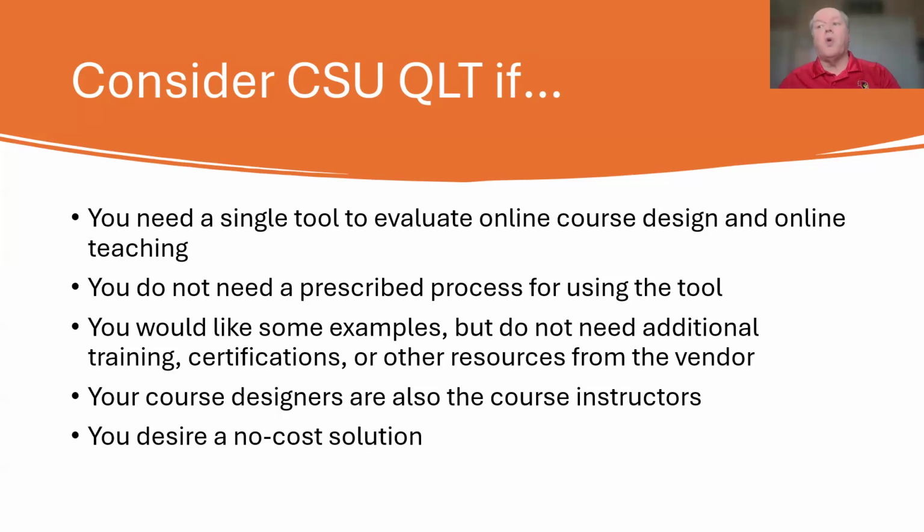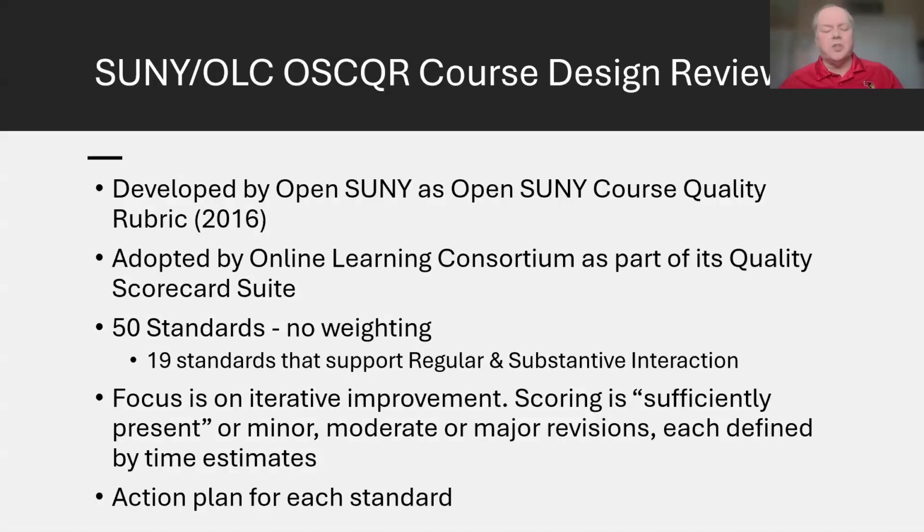If you don't need a prescribed process for using the tool, they're not going to tell you how to do it. You'd like some examples, but don't need additional training, certifications, or other resources from the vendor. This is a good one. Cal State provides the examples. If your course designers, again, are also your course instructors, and you desire a no-cost solution, the QLT is a good choice for you. So let's go on now to the OSCQR.